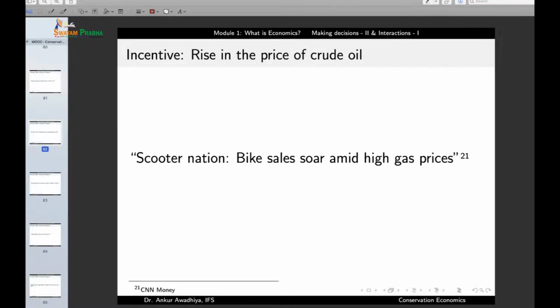So if the crude oil price rises, then people will shift from cars towards scooters. And the industry may also respond by saying, okay, the gas and crude oil prices are high, so let us give people things such as electric vehicles. This is another inducement that has been brought about by the increase in the price of crude oil.